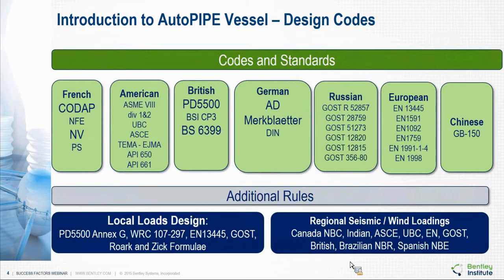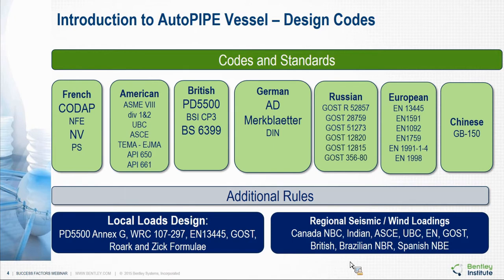Let's look at some of the codes and standards offered by AutoPIPE Vessel. AutoPIPE Vessel is known to support various international design codes and standards. It supports French CODAP standard, American ASME Section 8, Division 1 and 2, UBC, ASCE, TEMA, EJMA, as well as API 650 and 661.